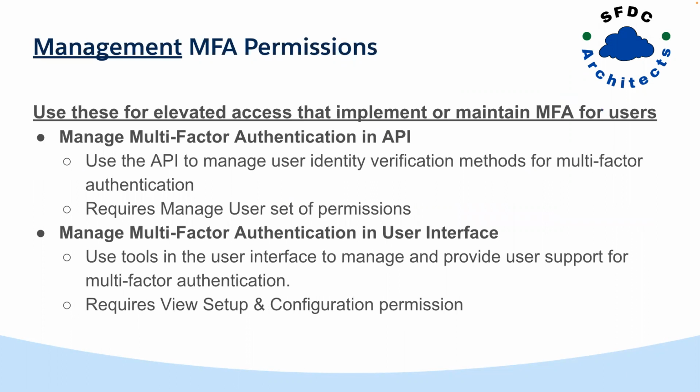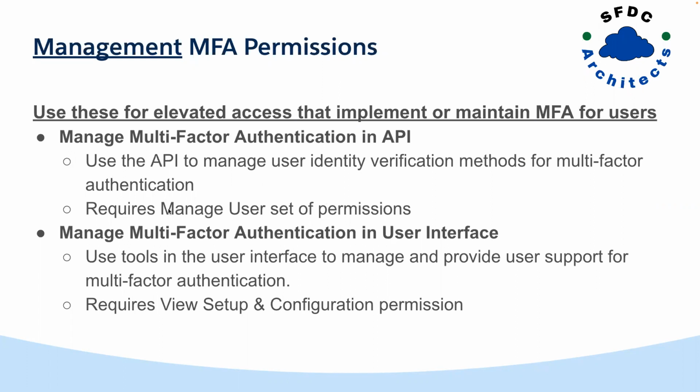There are also those two other permissions that I told you to ignore, and these are for managing MFA. What I gave you here is the actual permission on the profile and the permission set, and the definition that they have for it. When you select manage multi-factor authentication in the API, it means that these users are able to send verification codes or do some of the other maintenance pieces via the API.